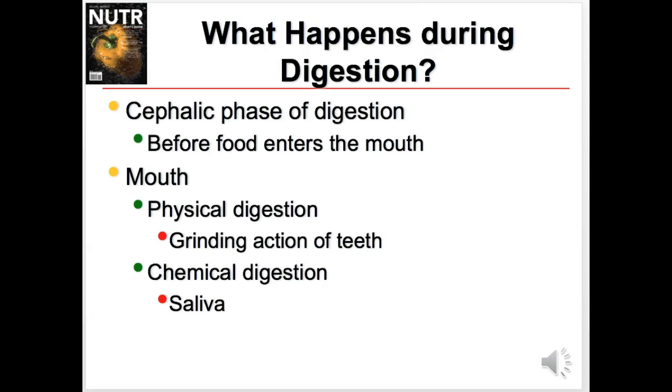So our digestion begins before anything even enters the stomach. You've got a cephalic phase of digestion, and this gastric secretion occurs before food enters the stomach, especially while it's being eaten. It results from seeing the food, smelling the food, thinking of the food, tasting the food, and the greater your appetite, the more intense the stimulation is.